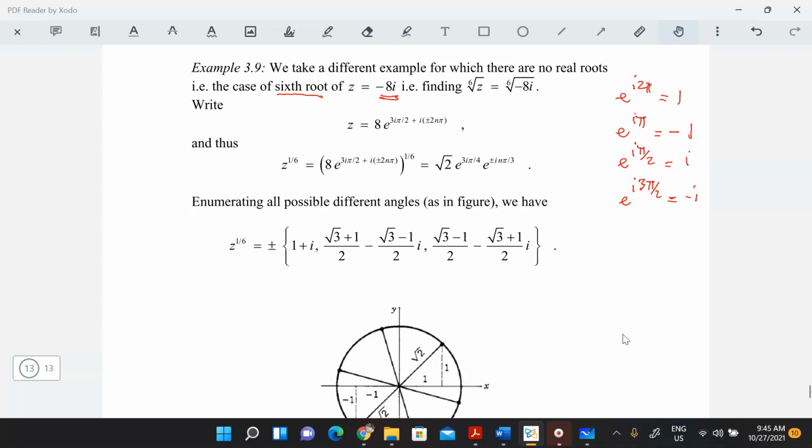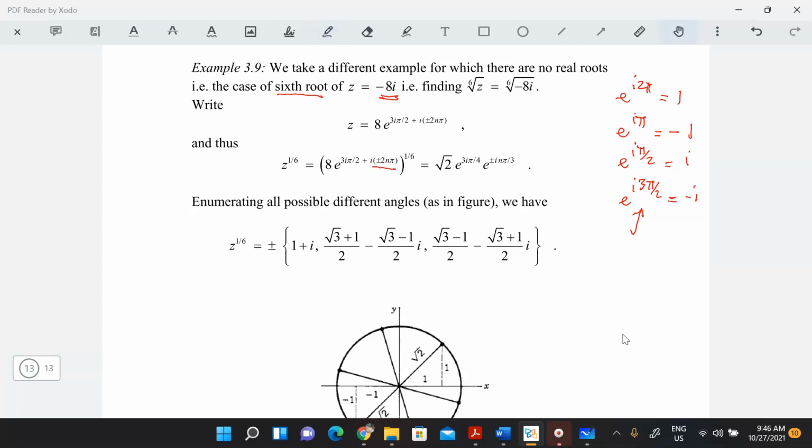Now what I need over here is minus i, so I should be getting this. So I put 8 times exponential 3i pi over 2, and of course I can add 2n pi, because exponential 2n pi is like exponential i 2 pi, which gives you 1, so I can always add that.